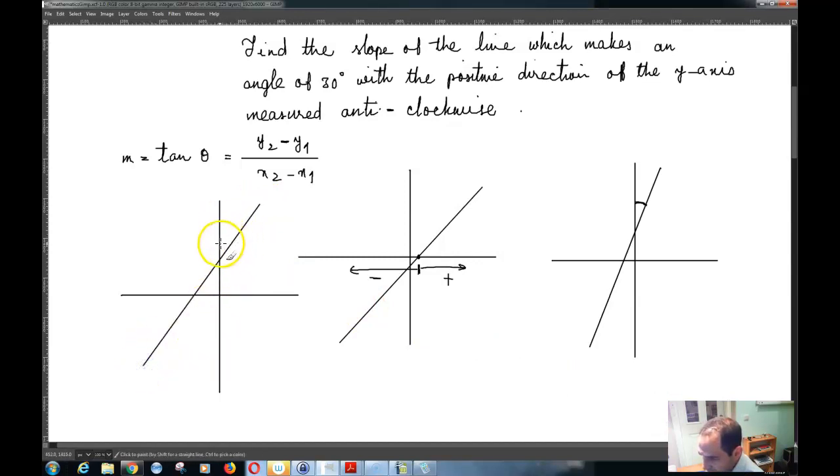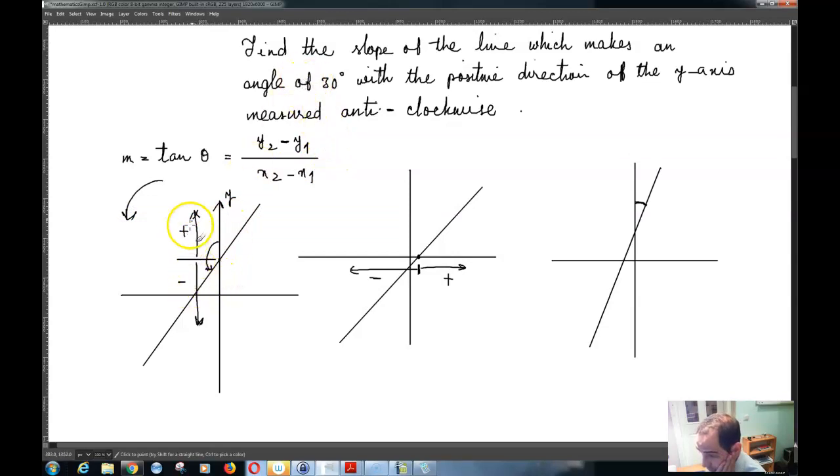From this point, you can imagine that this is the positive direction of the y-axis, and this is the negative direction of the y-axis. And the angle is supposed to be measured anti-clockwise. So this is clockwise and this direction is anti-clockwise. That would be your angle, which is supposed to be 30 degrees.